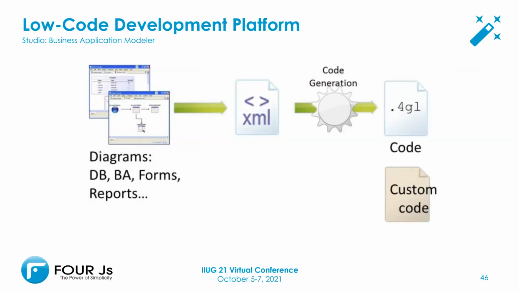Application business model. This is basically a code generator, let's call it. The idea here is that instead of writing the 4GL code, you generate it through diagrams, and then the code generation produces 4GL, and then you can also add your custom code because we have what we call code events.